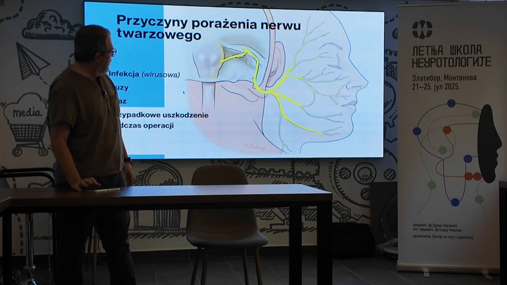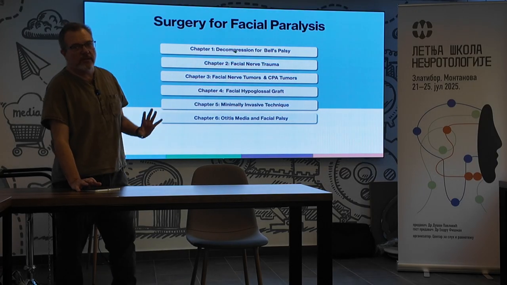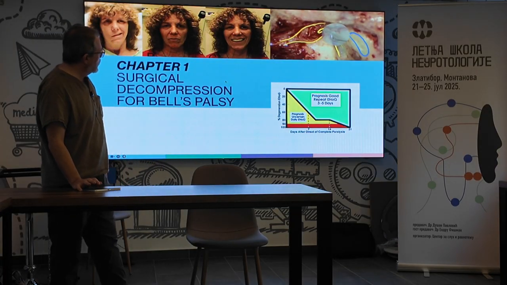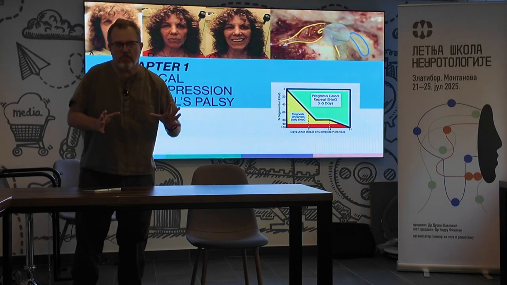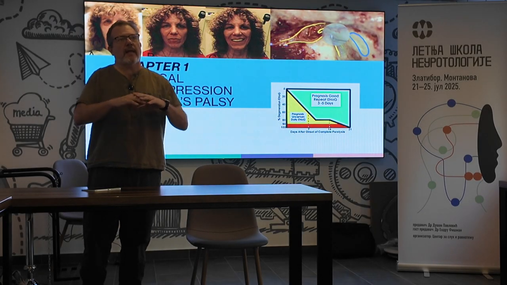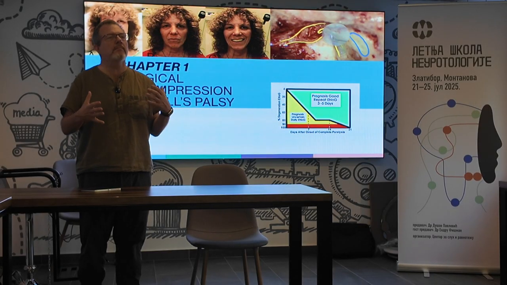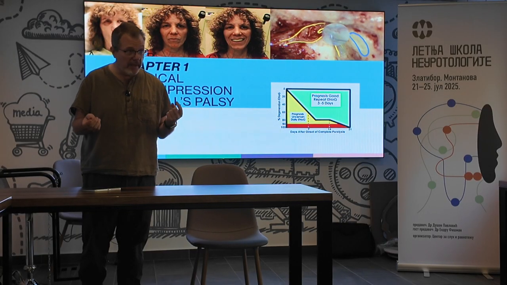Okay? Now, let's talk a little bit about Bell's palsy because it's neurology. So, in the United States, about 12 years ago, the Academy of Otolaryngology in the United States made some determination about the indication for facial nerve decompression in Bell's palsy.